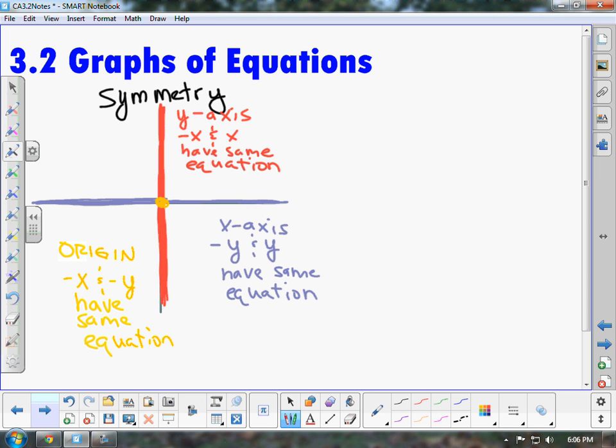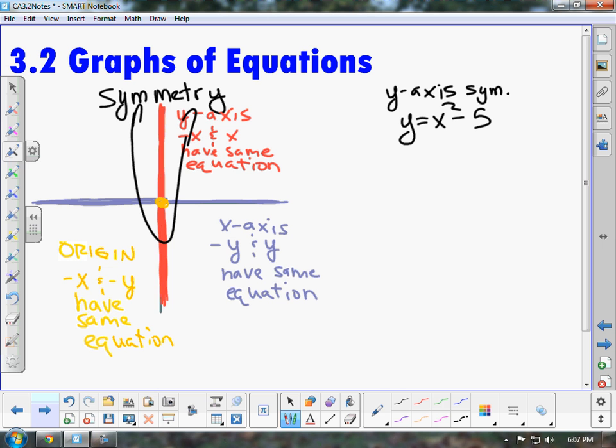Examples of these three types of symmetry. If you're talking y-axis symmetry, an equation like y equals x squared minus 5 would be one that has y-axis symmetry, because when you graph y equals x squared minus 5, it would look like this.